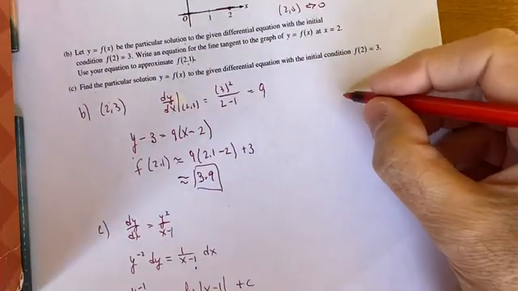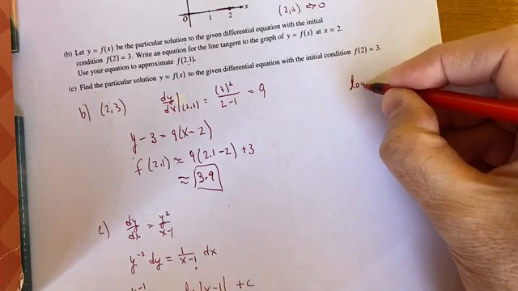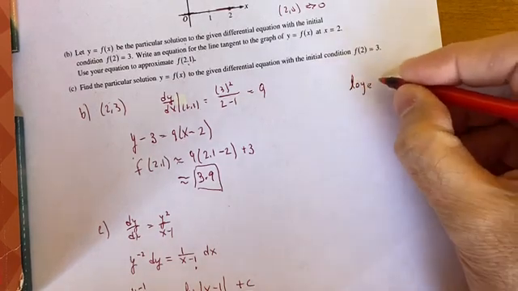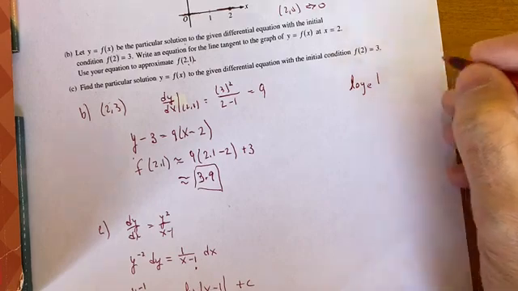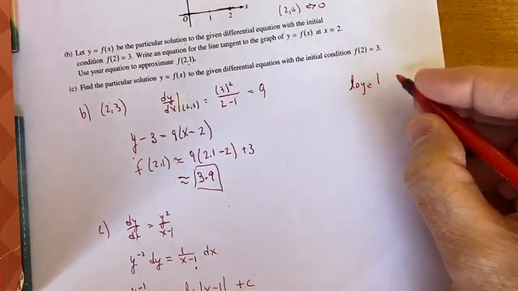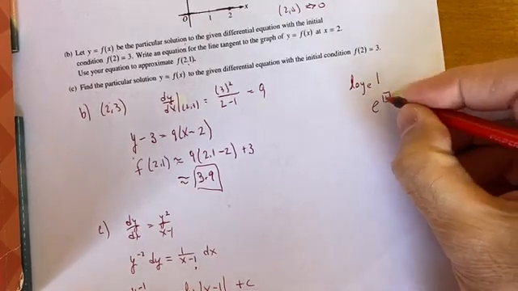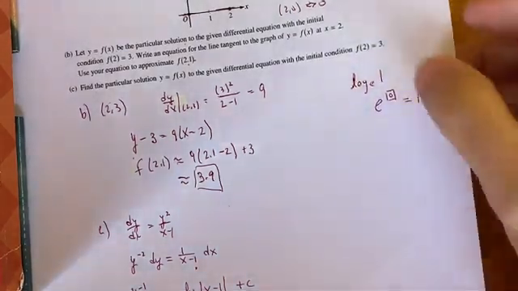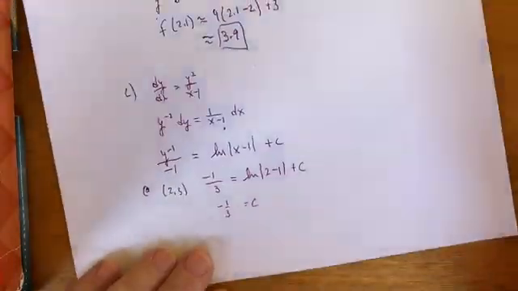Because natural log is actually log base e of 1. And remember, logs are powers. What's the power you put on e to get 1? e to what power equals 1? And of course, that's 0. So the natural log of 1 is 0.